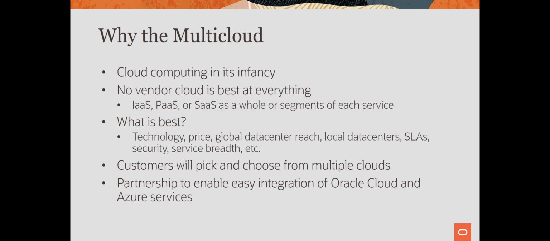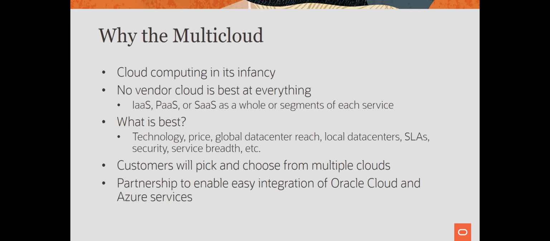So having local data centers is important. Service levels, another important consideration. Security, how is each cloud designed to have very good security in place? And then service breadth, in terms of all the infrastructure and platform and software as a service that's available. Who has the breadth, and that breadth may be different depending on the customer.